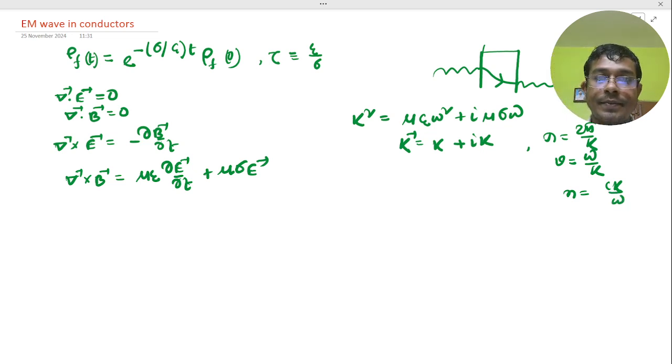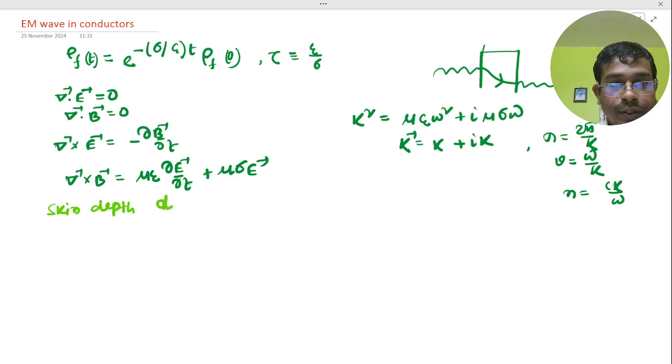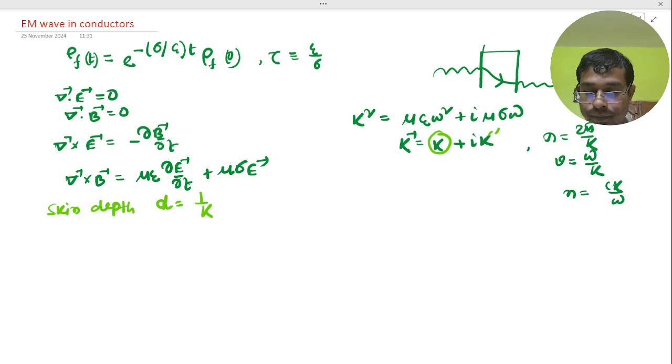Short formula. And the one important terminology: the skin depth d should be 1 by the imaginary part of k, the inverse of it.